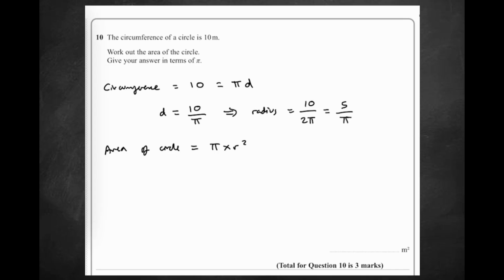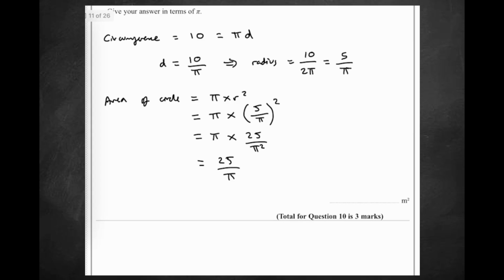So if we put that into the equation below, the area of the circle equals pi times 5 divided by pi squared, which is just pi times 25 over pi squared. The pi's cancel out, and we have 25 over pi. And they want the answer in terms of pi, so we are done.